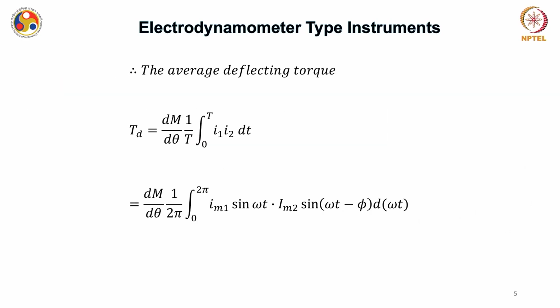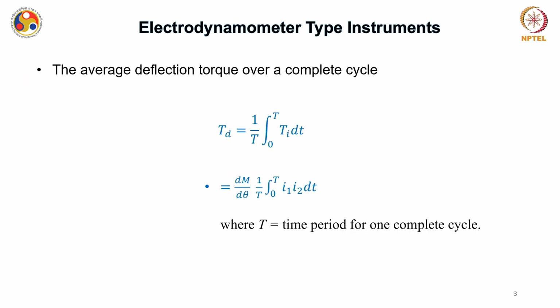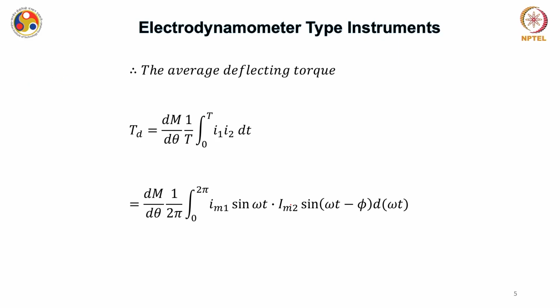To calculate the average deflecting torque, I recall the equation Td equal to dM by d theta into 1 by T, integration over 0 to the time period for the complete cycle, of I1 I2 dt. Doing this, I get Td as dM by d theta into 1 by 2 pi, integration from 0 to 2 pi, of Im1 sin omega t into Im2 sin(omega t minus phi) d omega t.